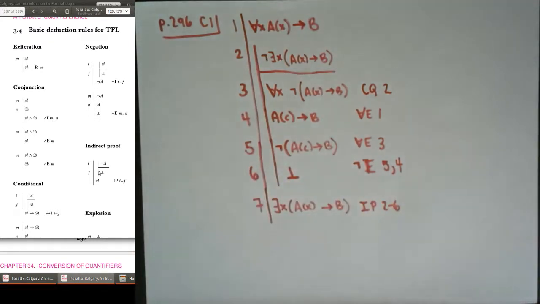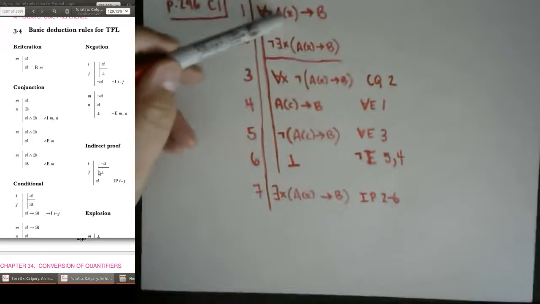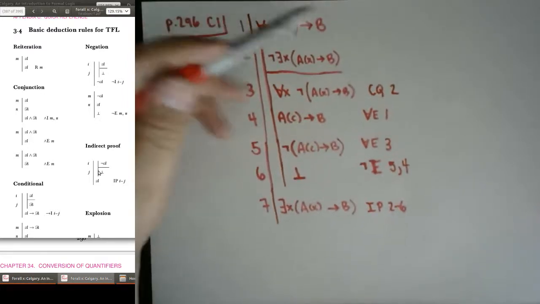Now, the book does talk about how the CQ rule is a derived rule, meaning we should be able to do it without doing the whole proof. How would we have done it, I guess, is a good question. Probably we would have had to assume this, and then we could have concluded B from that.